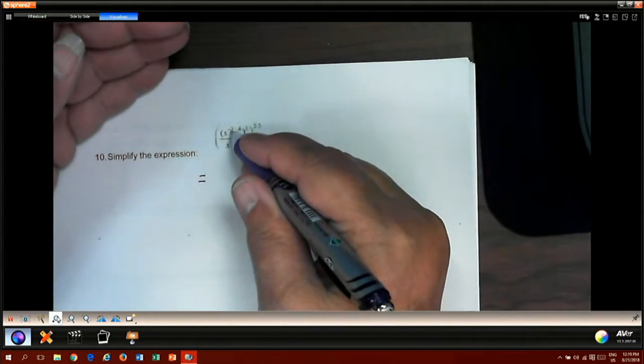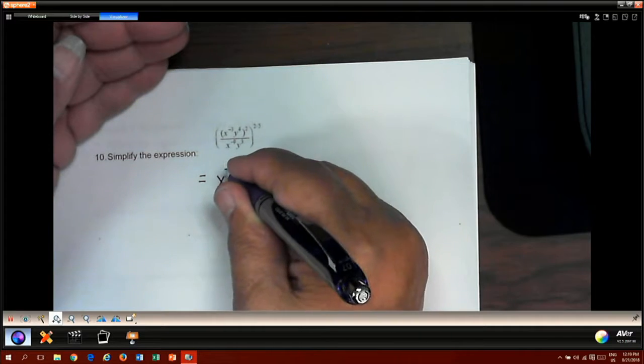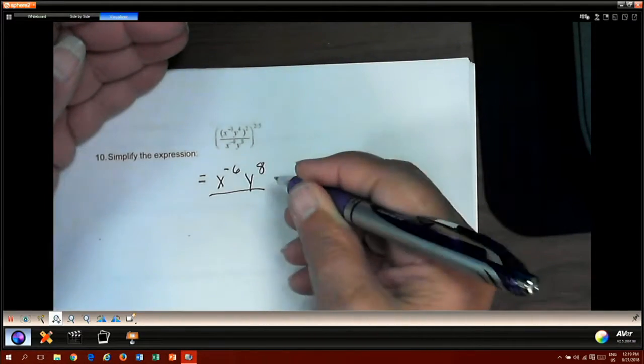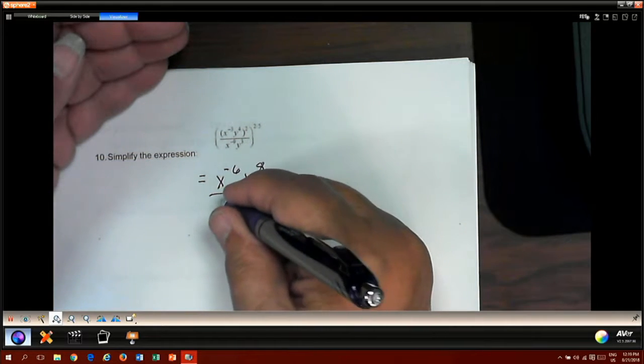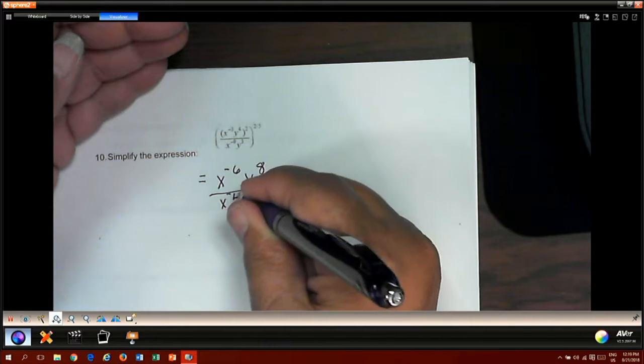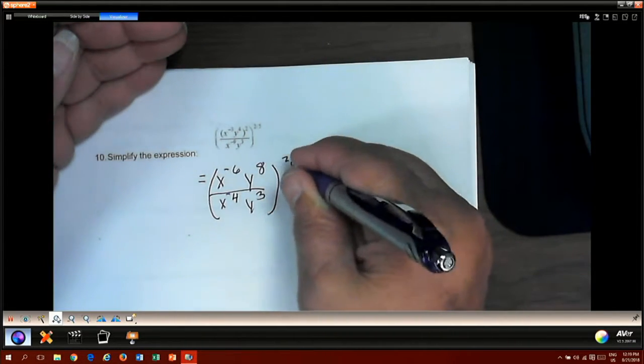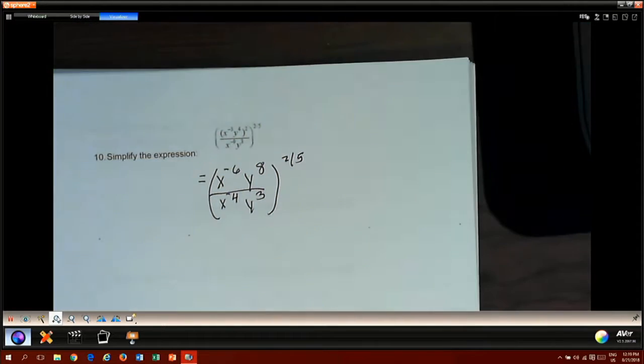So if we square everything, that means we multiply each exponent in the numerator by 2. So we have x to the negative 6, y to the 8th, over x to the negative 4, y to the 3rd, and the whole thing raised to the 2/5 power.